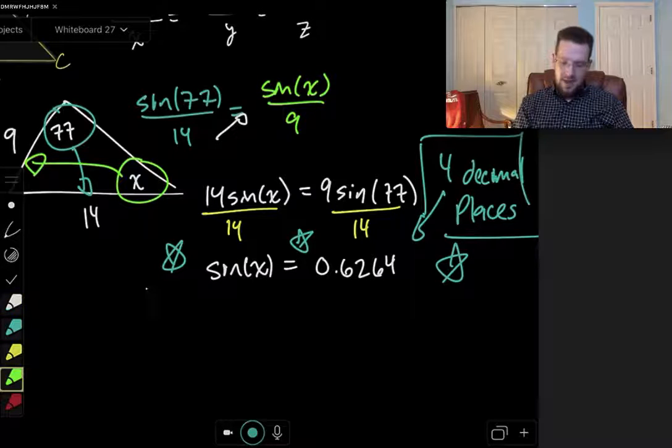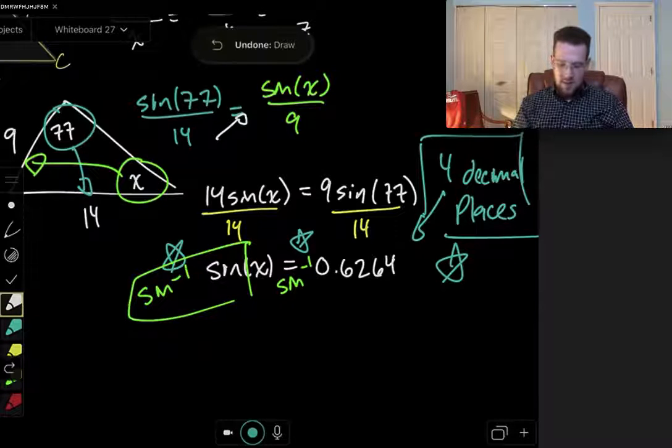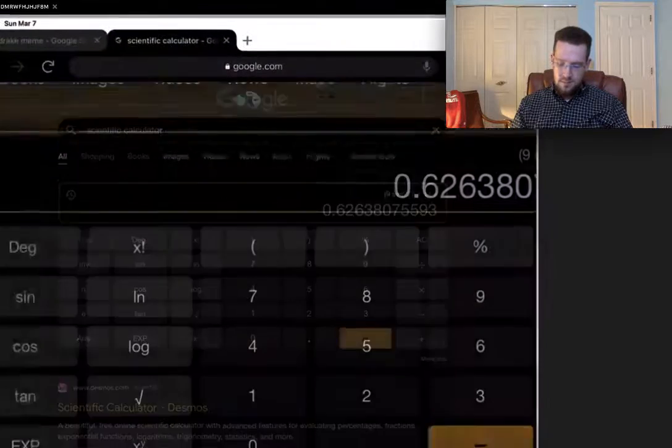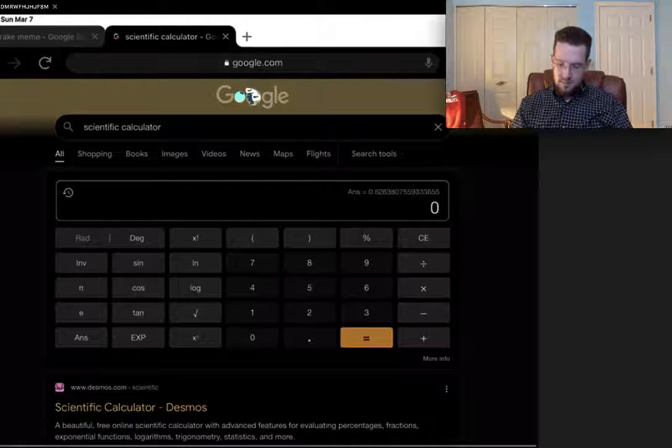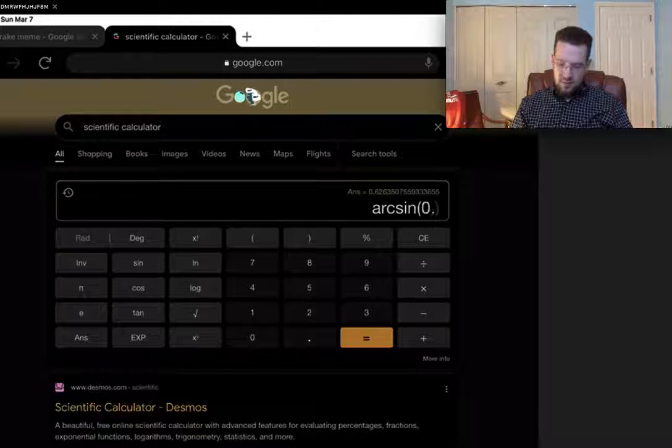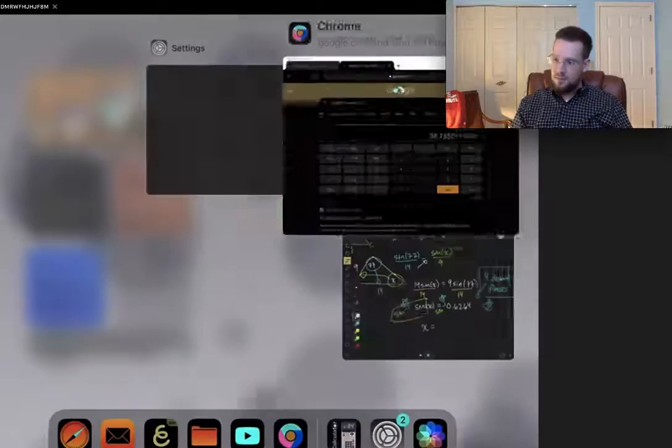Okay, and now I have to use the sine inverse on both sides. So that will cancel these two, and we have x is equal to the sine inverse of 0.6264. That gives 38.8.